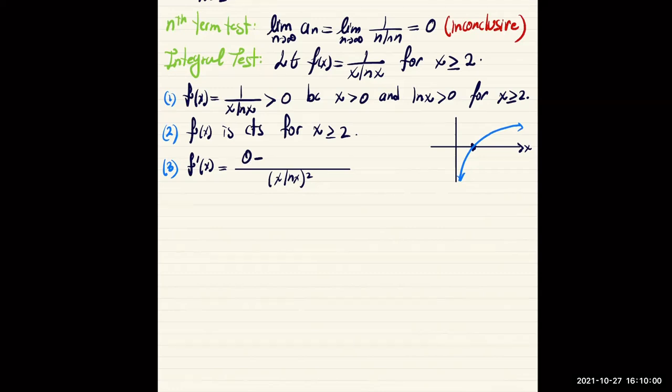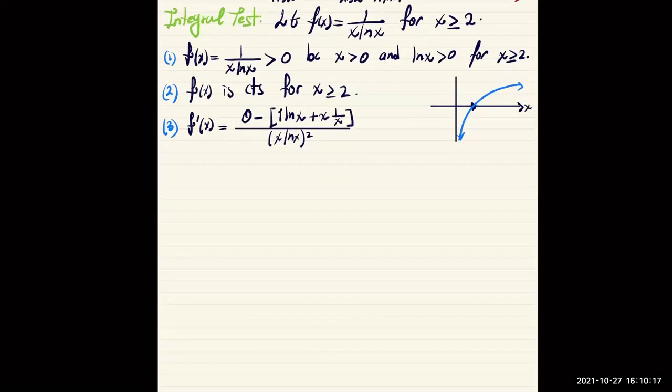The bottom is x ln x, and for that we use the product rule. The derivative of x is 1 times ln x, plus x times the derivative of ln x, which is 1 over x. And I'm going to put that negative in front.